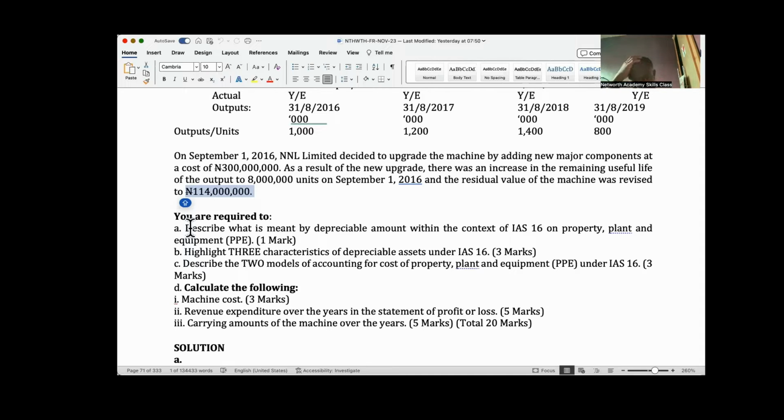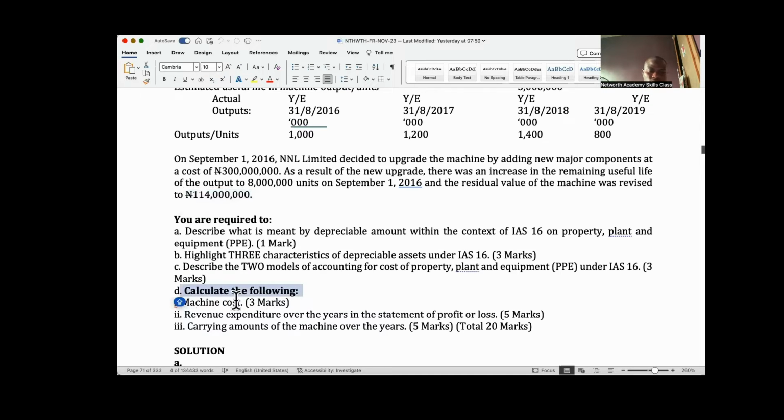B, highlight 3 characteristics of depreciable assets under IAS 16. And C, describe 2 models of accounting for cost of PPE under IAS 16. D, calculate the following: machine costs, revenue expenditure over the years, then the carrying amount of the machine over the years.